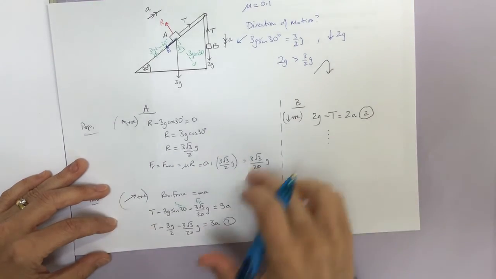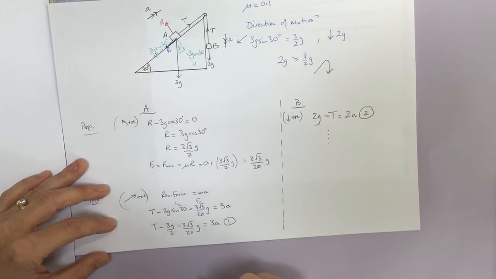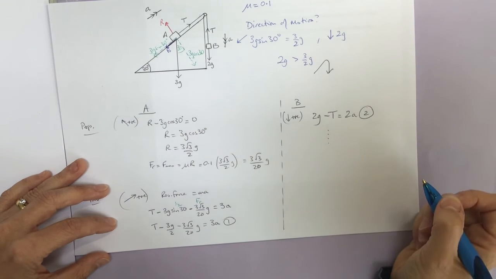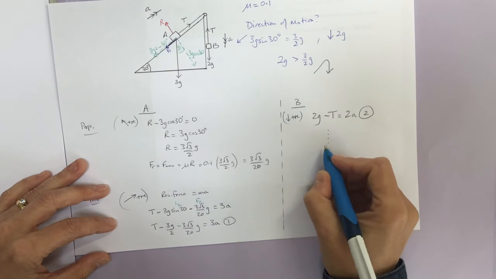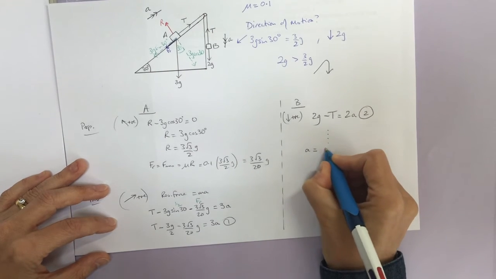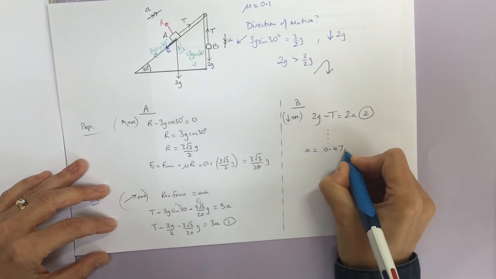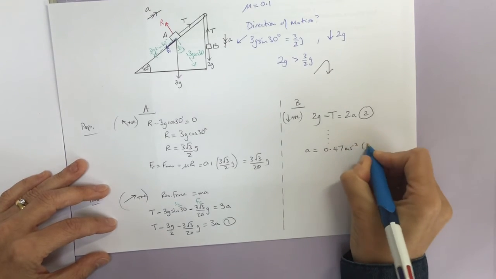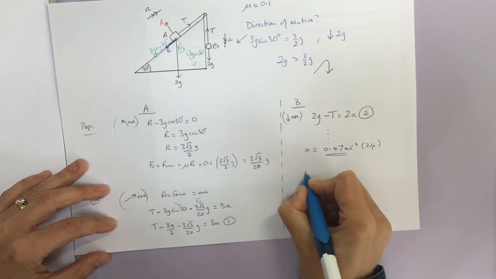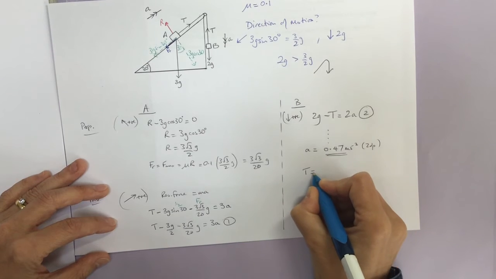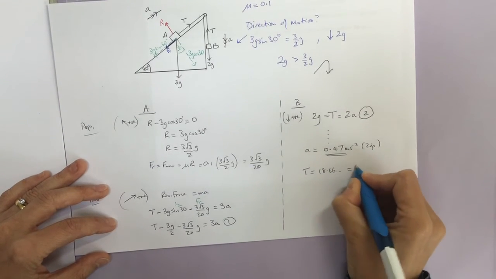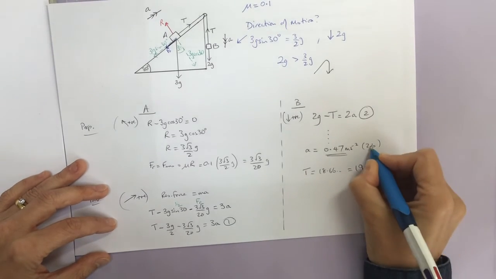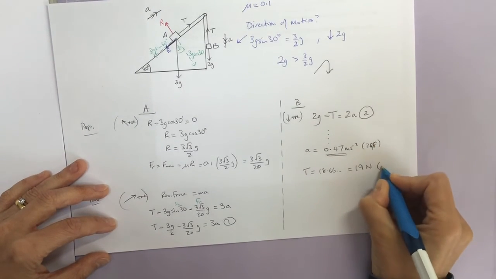At the end of all of this, I'm going to give my answers to maybe 2 significant figures. We should end up with acceleration is 0.47 meters per second squared to 2 dp, and tension is 19 newtons to 2sf.